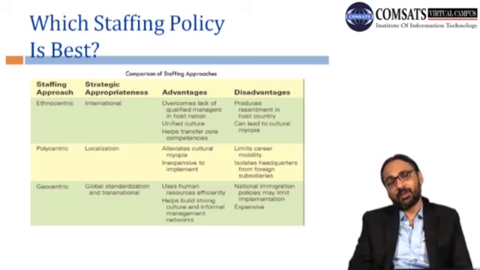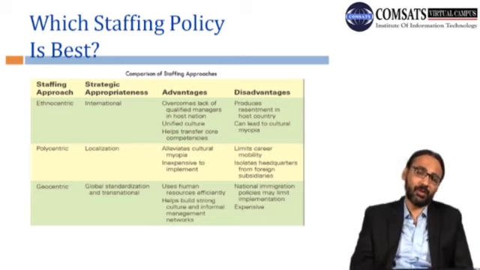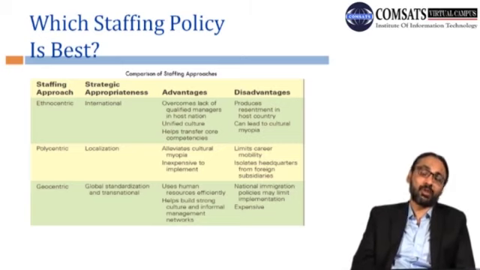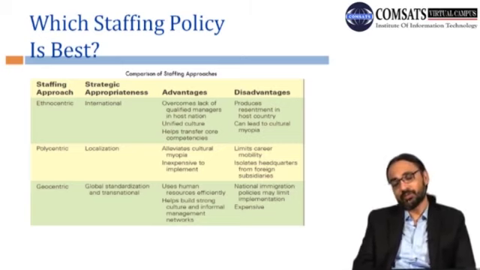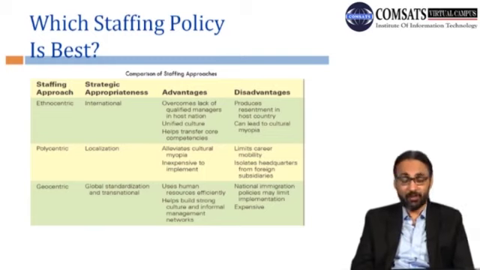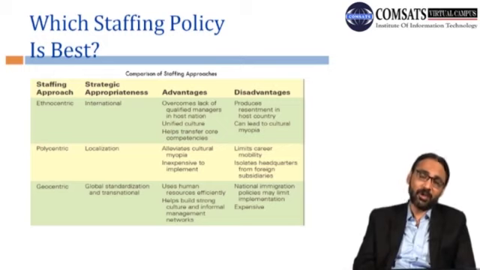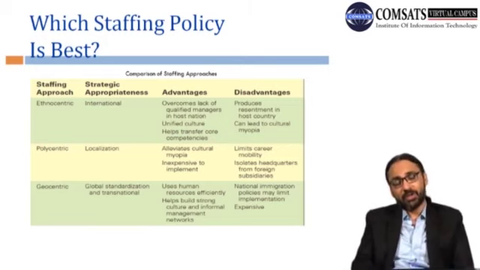There is less possibility for employees or managers who are working in the USA to move to the Chinese market, which shows limited career mobility. Isolated headquarters: headquarters will have a US culture and the subsidiary will have the Chinese culture, and there will be a difference and isolation between the headquarters and the subsidiaries.